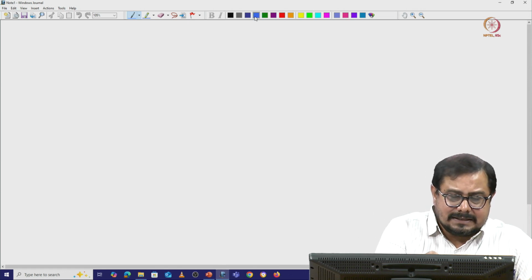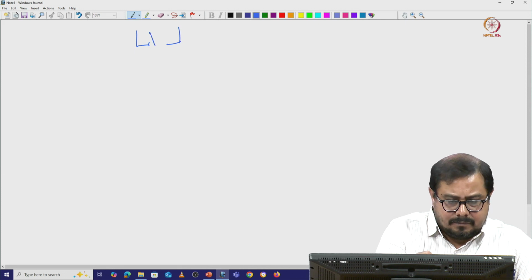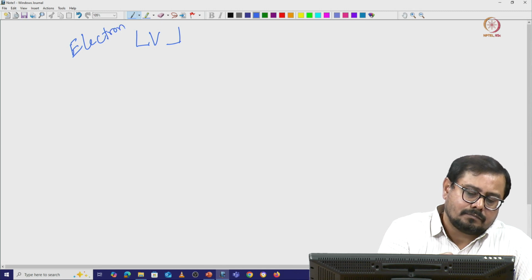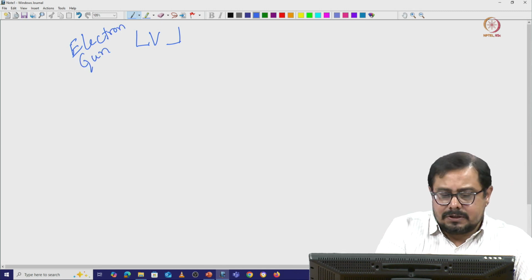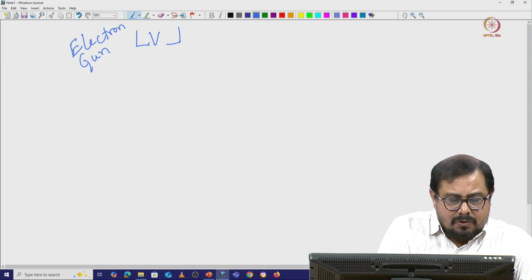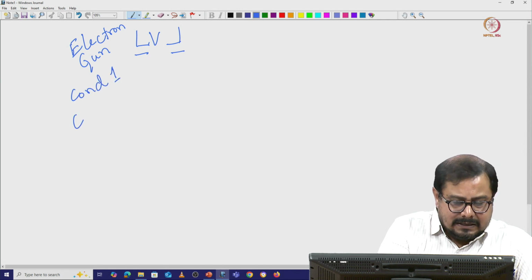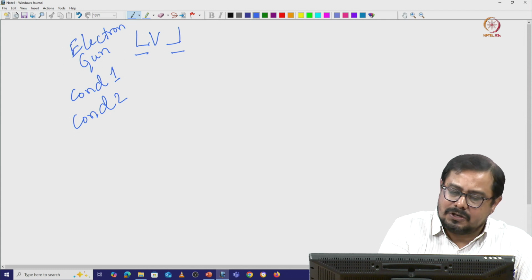So if we consider this, we always say we have an electron gun. So this is an electron gun. Then the first thing we get is the anode here, and after that we get condenser lens 1 and condenser lens 2.